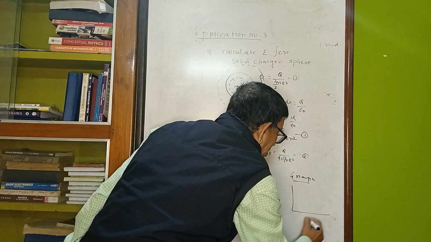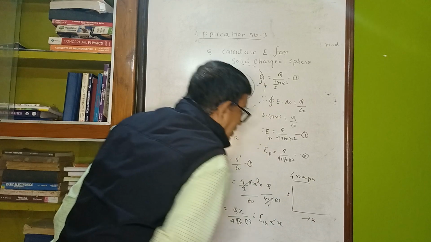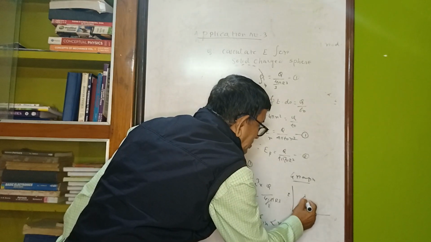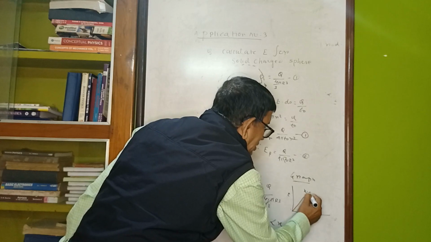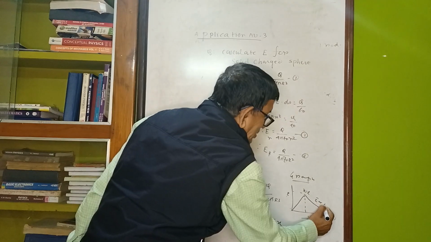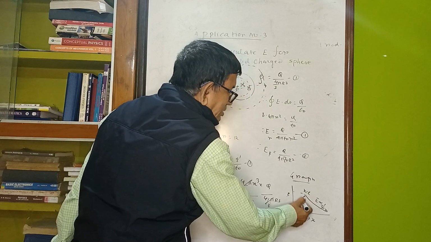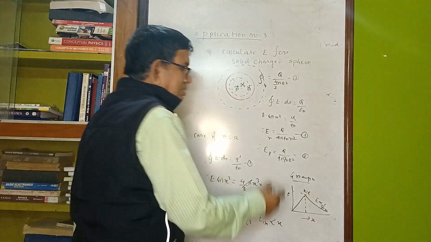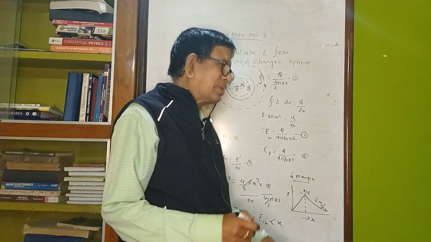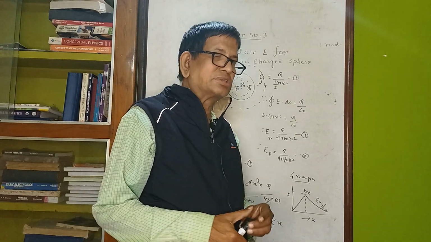Remember, E versus distance x: first E is proportional to x, a straight line, then it will be maximum at x equal to R, then it decreases, E proportional to 1 by r square. So first it is increasing, then it is maximum at x equal to R, then it decreases at the rate E proportional to 1 by r square. So this is the case for the solid non-conducting sphere.